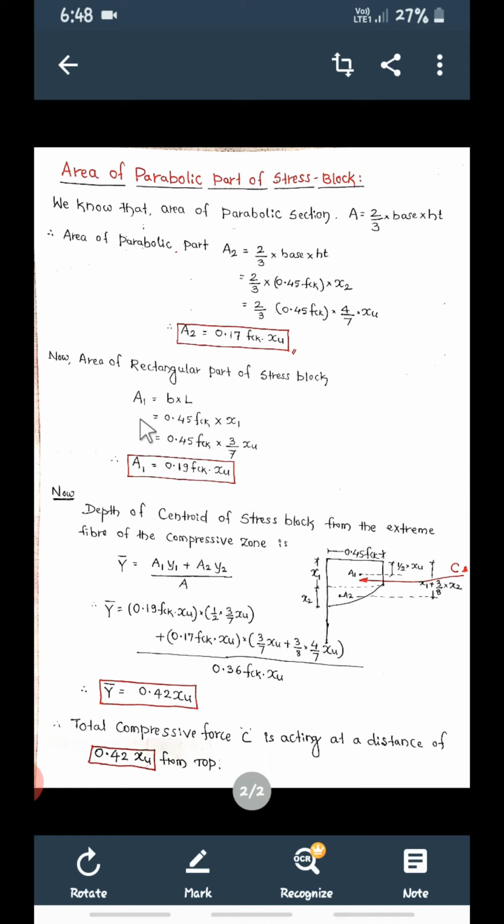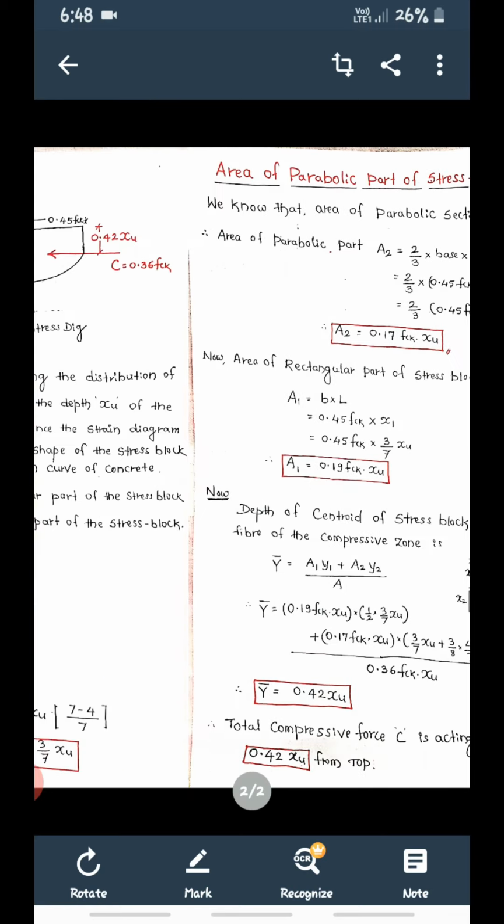So the area of the rectangle part is B into L, that is 0.45 FCK is the base, and the height is x1. Substitute the value of x1, that is 3 by 7 XU. We get the area of the rectangle part A1 as 0.19 FCK XU. So A2 and A1 we have calculated.